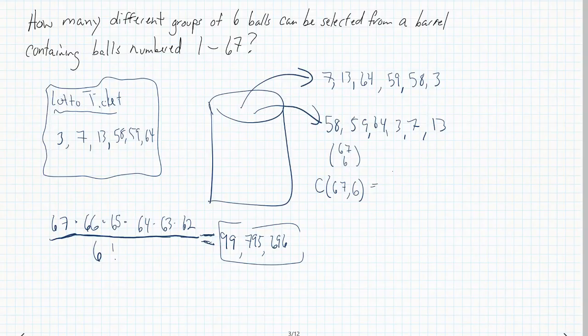Now, what does this mean? One way of looking at it is this P(67,6), so that's the permutation that we talked about, and we divide by that last number as a factorial. That's essentially what you just saw, right? Because what we have is 67 times 66 times 65 times 64 times 63 times 62, all divided by 6 factorial.